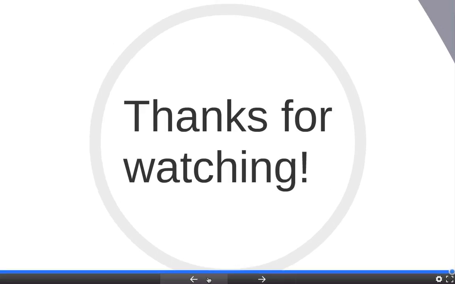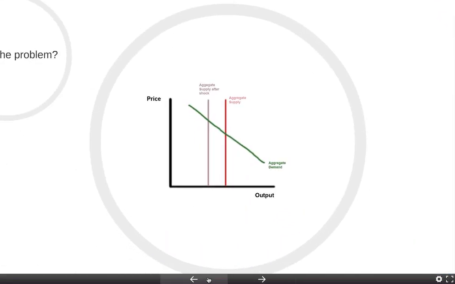Another problem occurs when a government is trying to shift its long-run supply curve to the right. If inflation is too high, this is a good way of decreasing it. However, unless extreme structural reform takes place, this shifting of the supply curve can be achieved by fiscal stimulus.